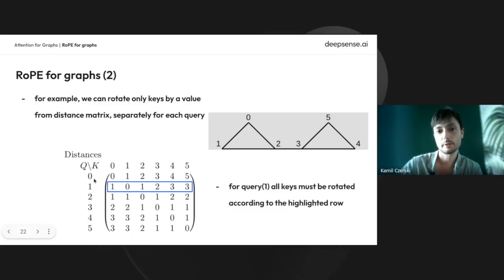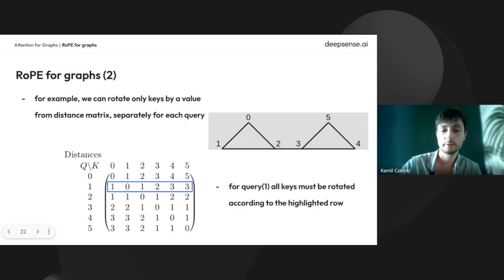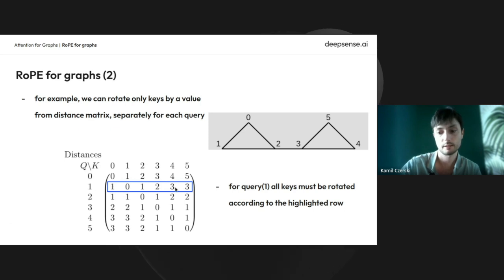If we are processing query number 1, we would rotate each key as in this row highlighted in blue. We could also rotate queries in the opposite direction, or rotate keys and queries by any integer number or even non-integer, just so that m minus n matches what is in the distance matrix. That's actually all. For simplicity, you would of course rotate, for example, only keys.